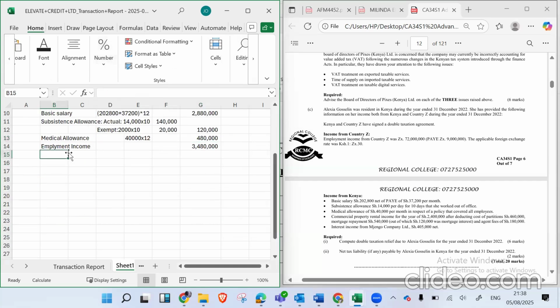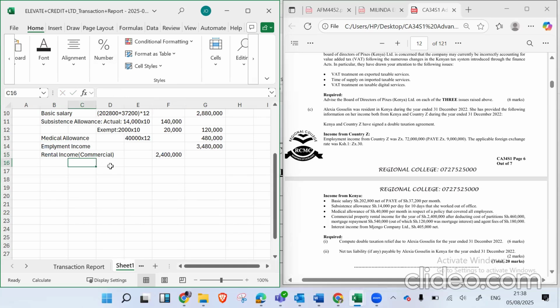We have rental income. Mesema ni commercial. Kwa hivyo hakuna cha kuangalia sijui 15 million or what have you. So it's a commercial building. So I'll receive rent ya 2.4 million for the year, after deducting the cost of partitions.